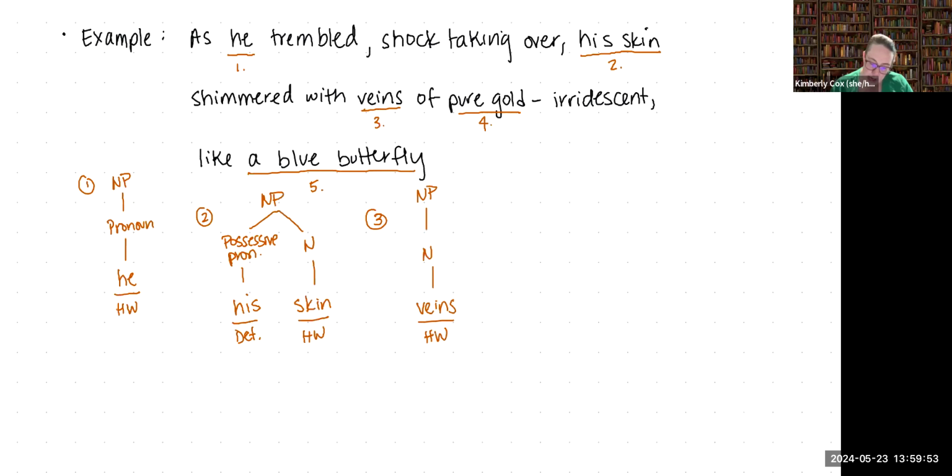Let's take a look then at number 4. We have pure gold. And I'm going to leave a little bit of space and you'll see why in a moment. So pure gold. I would say pure is an adjective, right? And so that would be part of an adjective phrase. Here it's acting like an adjective phrase on its own.